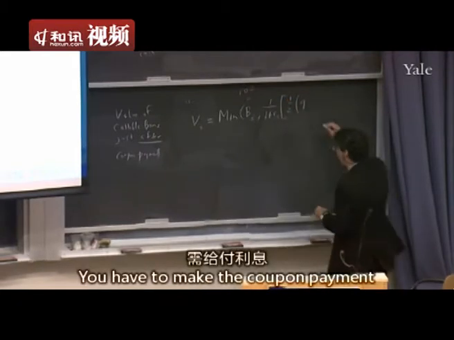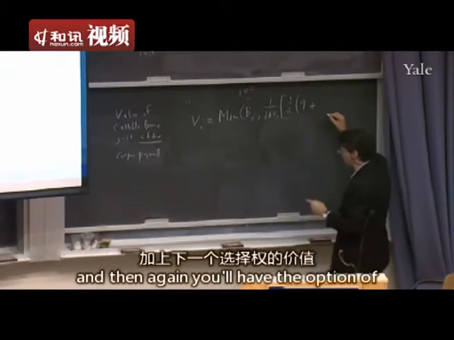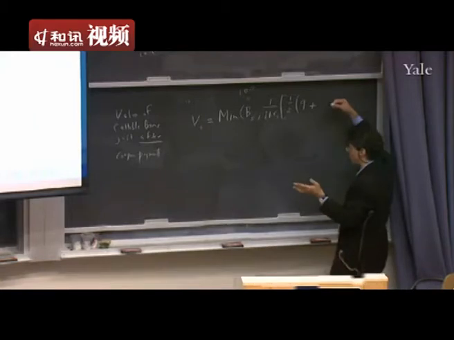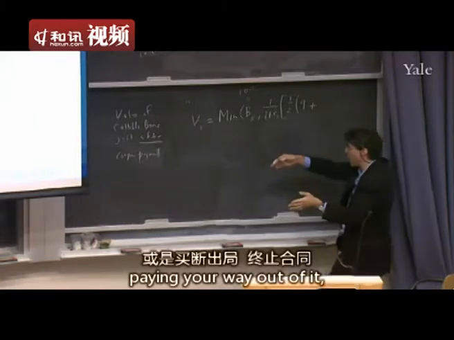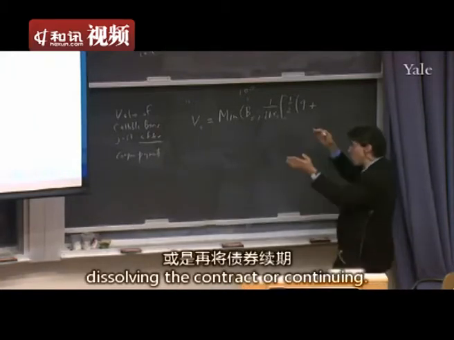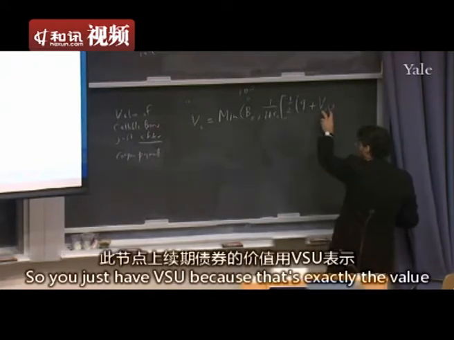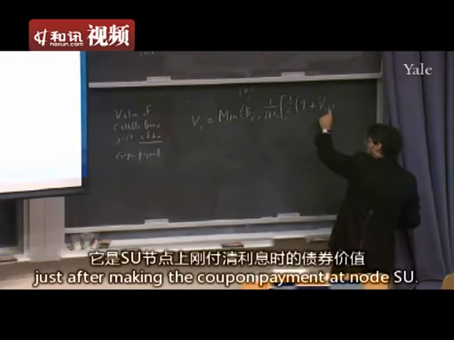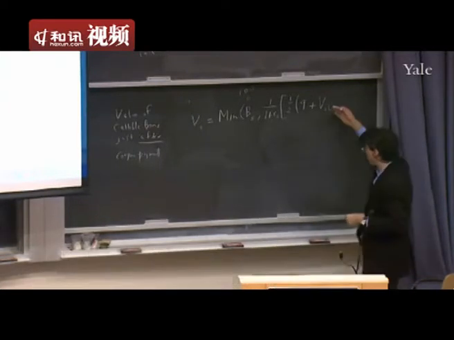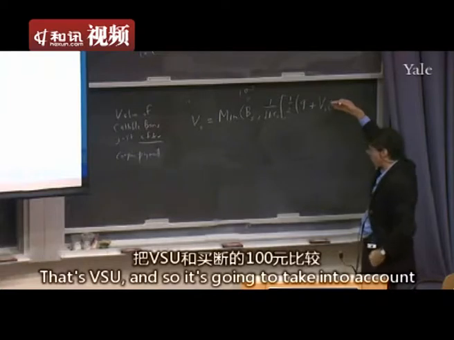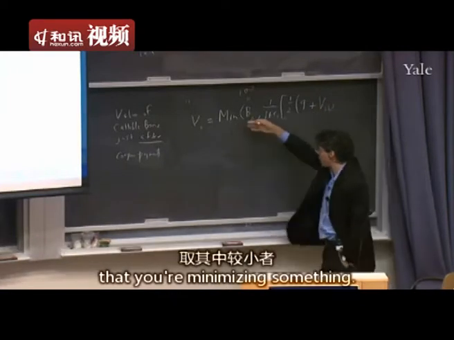You have to make the coupon payment, and then again you'll have the option of paying your way out of it, dissolving the contract, or continuing. So you just have VSU, because that's exactly the value just after making the coupon payment at node SU. It takes into account that you're minimizing something.